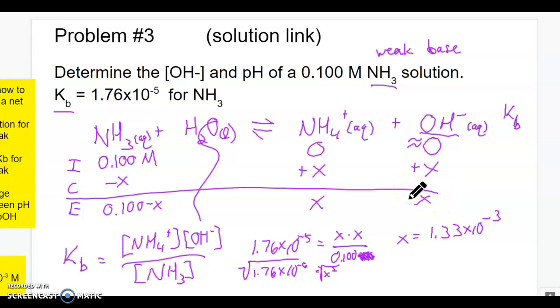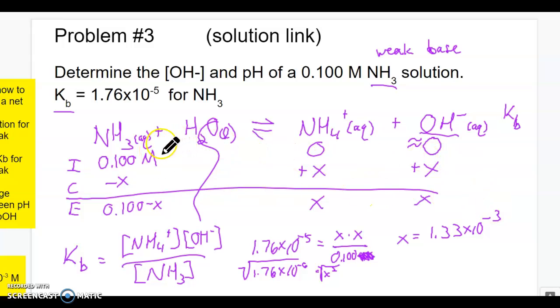Something you want to check, though, is what units you started with in your ice table. Ice tables can have either moles or molar. In here, we had molar, or molarity. I wrote that up here at the top as a reminder to myself.